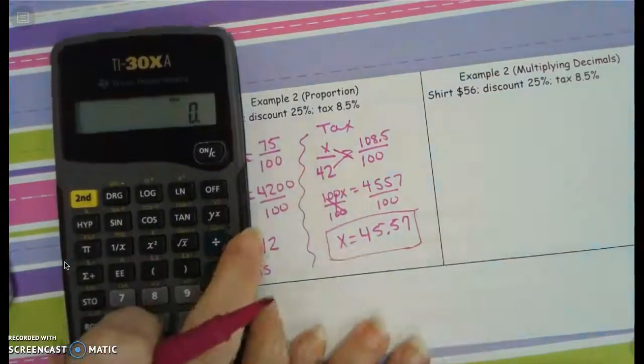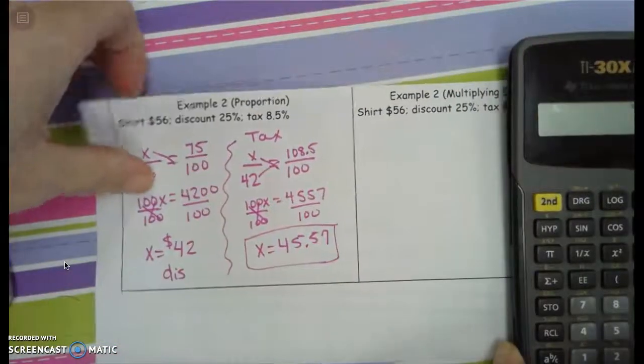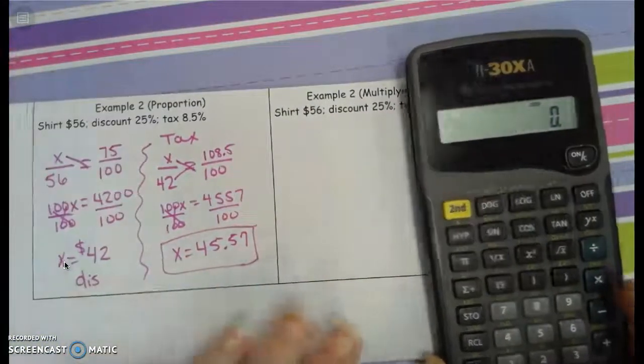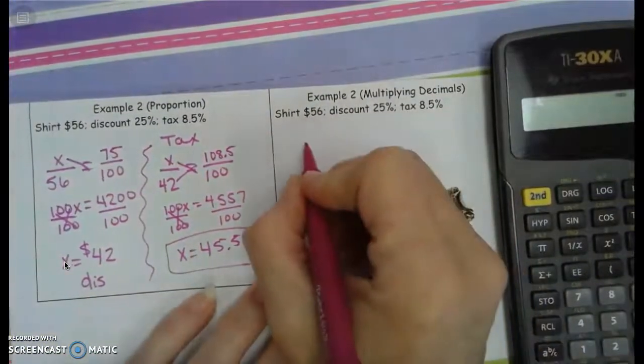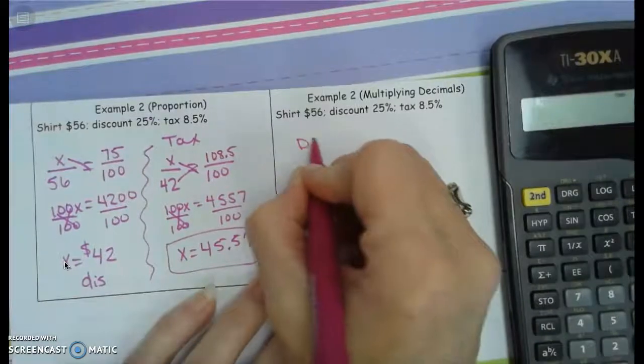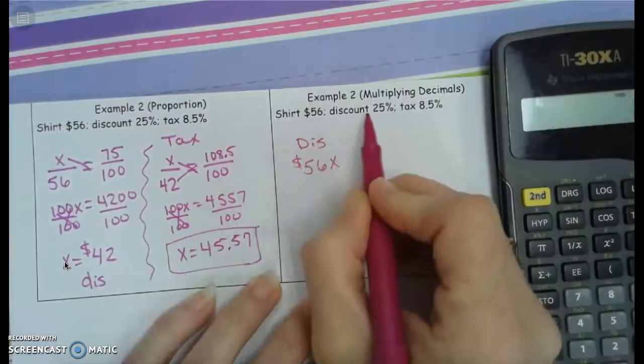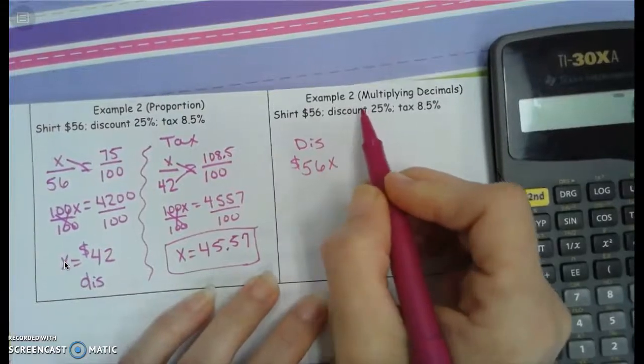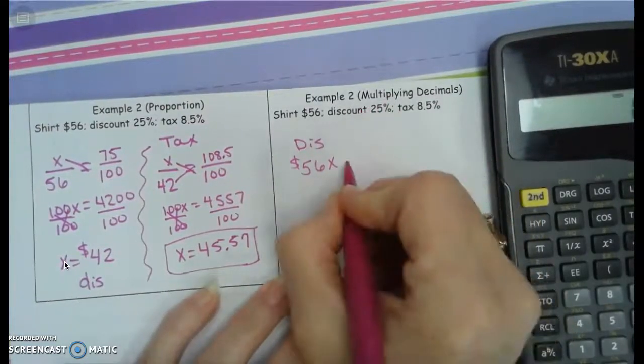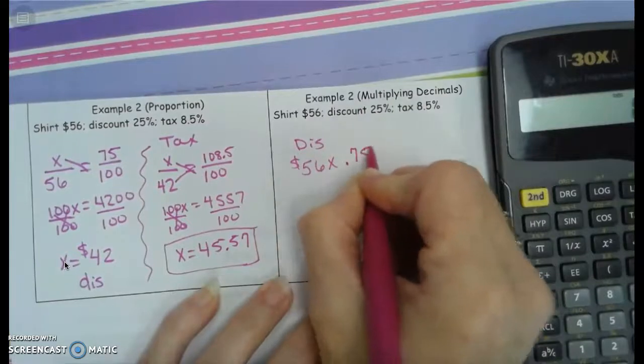So when I do that the shortcut way, or just the multiplying decimal way, I'm going to take my discount, which is going to be $56, times, I'm not paying full price, I'm only paying part of it. So the part that I pay is 0.75.